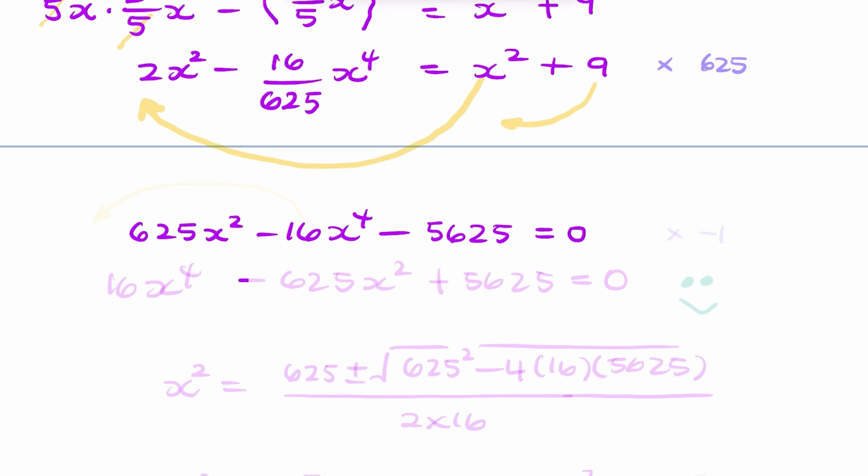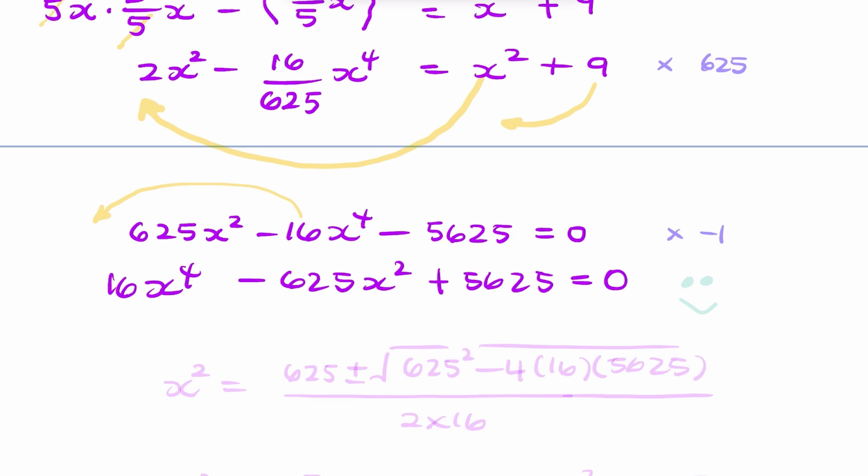And if I try multiplying everything by -1, that will allow me to write this as a disguised quadratic. So I'll have 16x to the power 4 minus 625x squared plus 5625 equals 0.